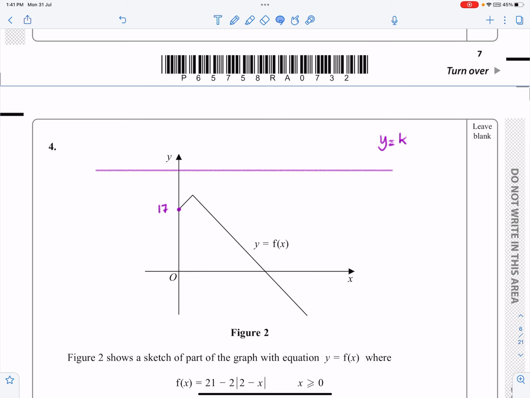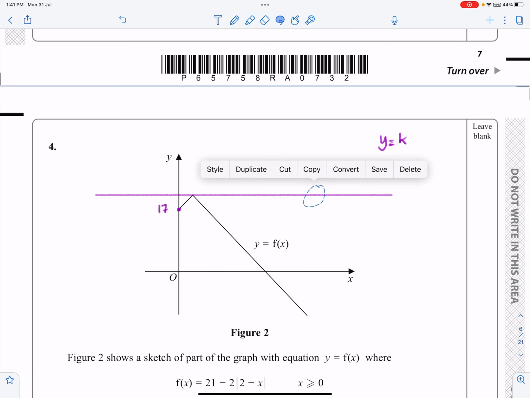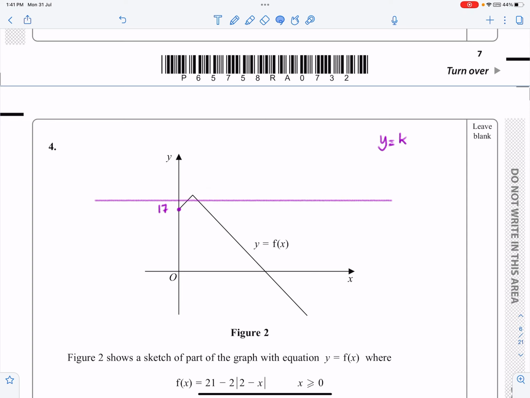As k is up there, it's all like 30 odd. There's no solutions to where the 2 lines meet. If I come down to that point there, then that is going to be a key situation because there's only one value there, but everything below that, but above 17, there are 2 solutions to where the 2 lines meet each other.